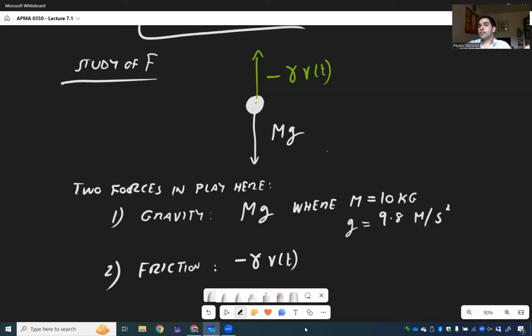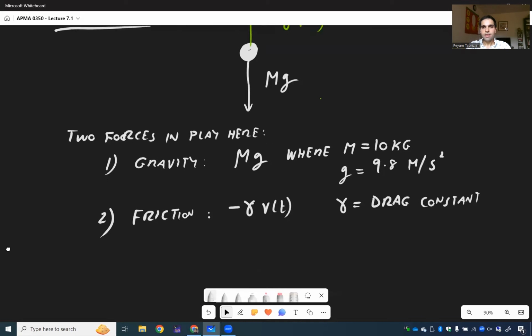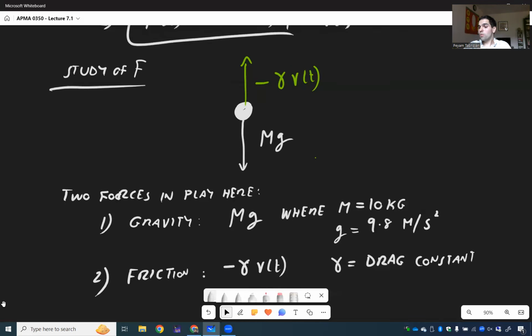V, because the faster the ball moves, the more the force of friction. And then gamma, that's what's called the drag constant. So not RuPaul's Drag Race, but here drag as in slowing down. Drag constant, so that the ball slows down and stops. Okay, very good. And those are the two components we need.